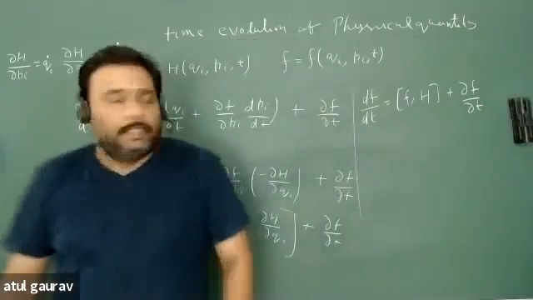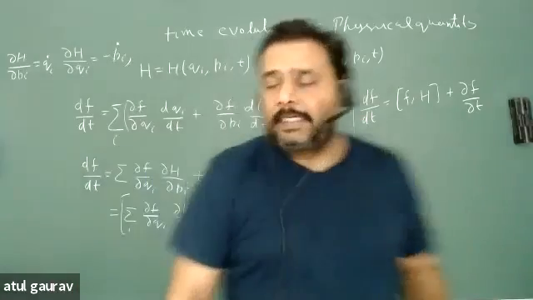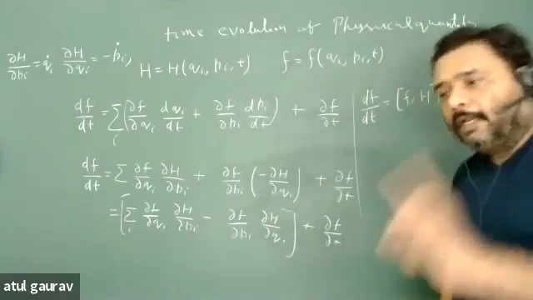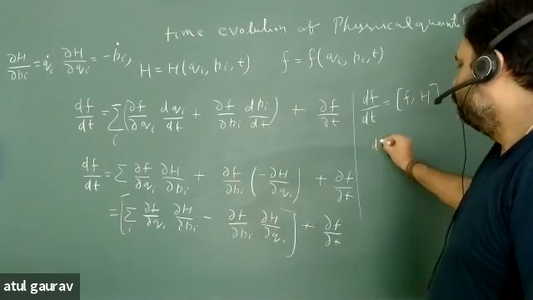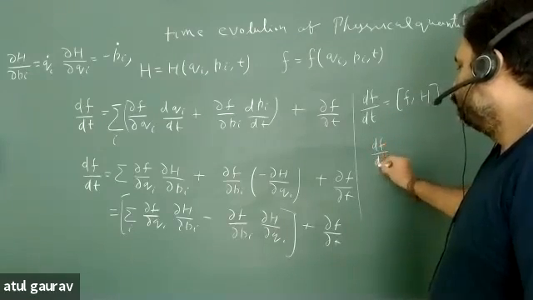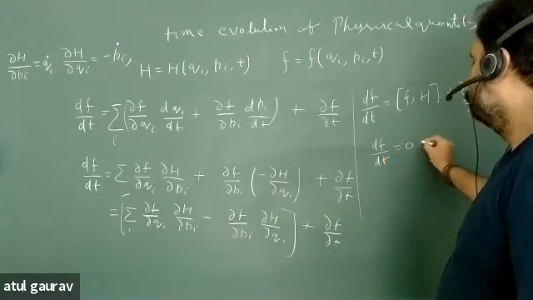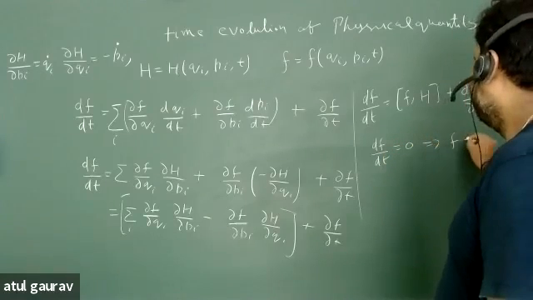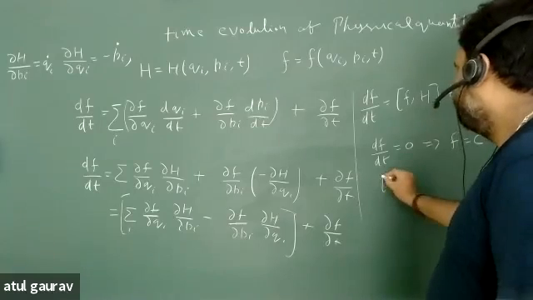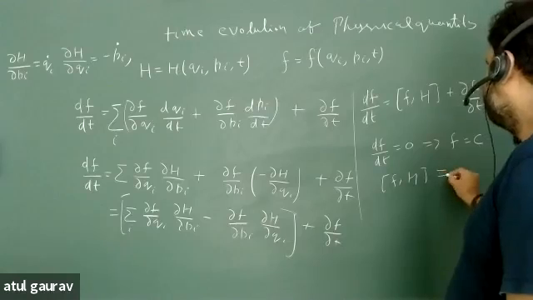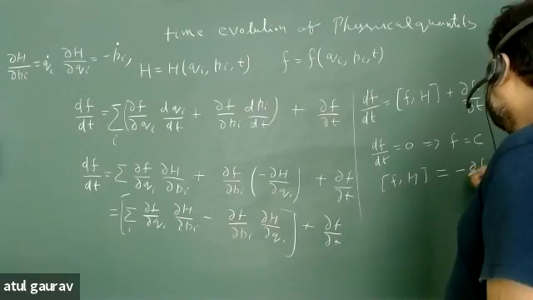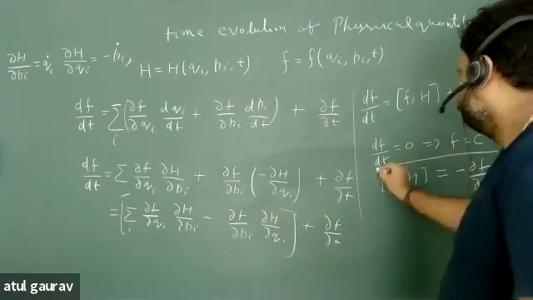Now, f will be constant only when df upon dt is equal to 0. Then only f is constant, which means the Poisson bracket of f and H must be equal to minus del f upon del t.